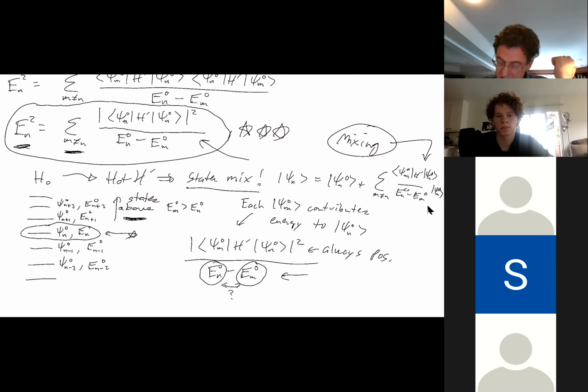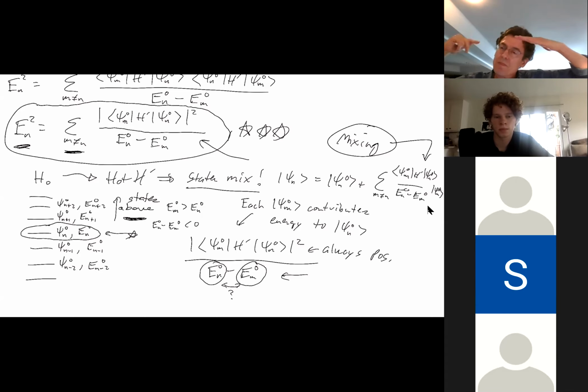So if I'm looking at states above the state I'm talking about, what is the sign of the denominator? Negative. That's right. So En naught minus Em naught is less than 0 for the states above.